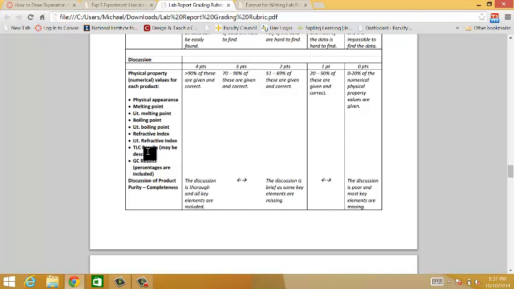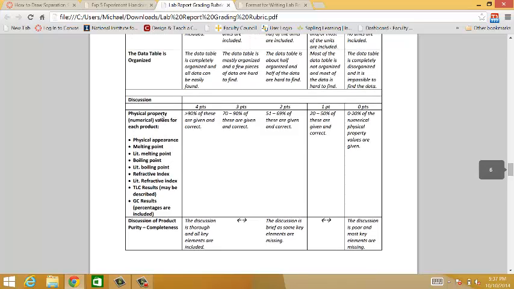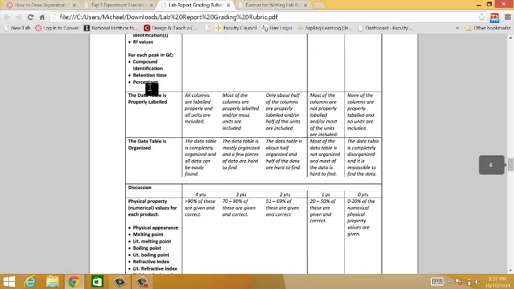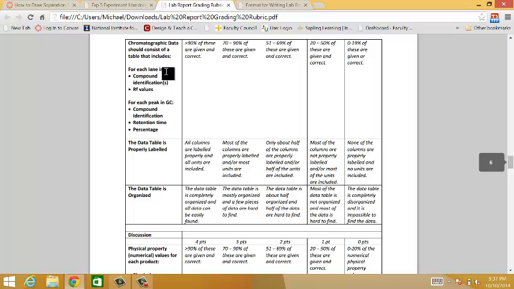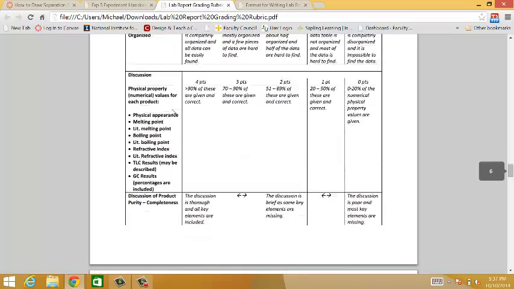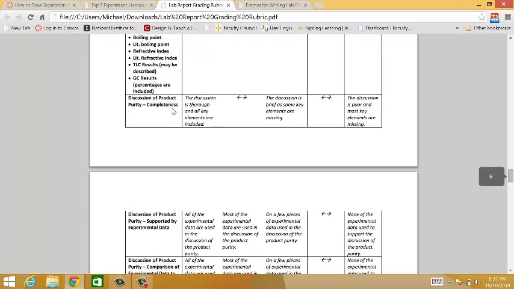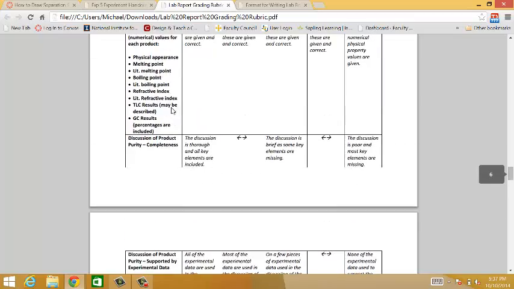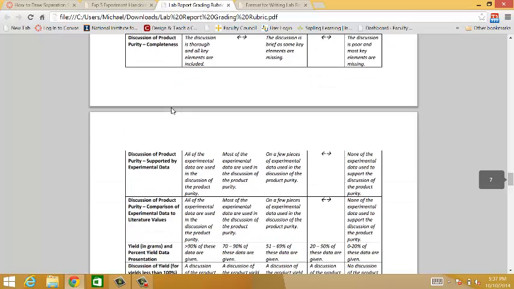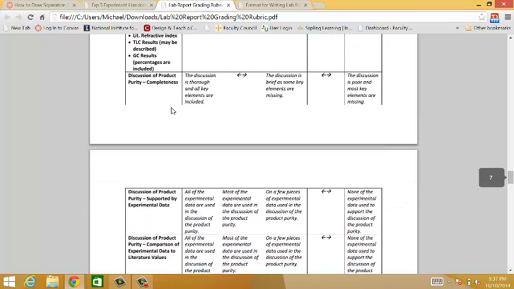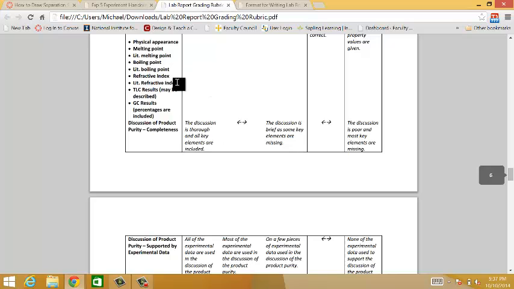You don't have to include the Rf values, because in the table above, in your TLC, you would have the compound identified as well as its Rf value. So you can just discuss what you see. That's just the data part.